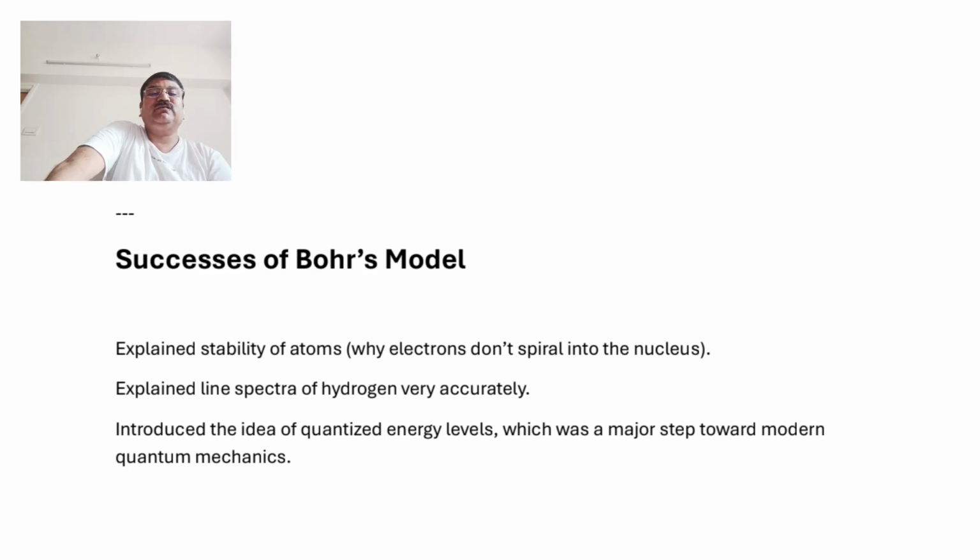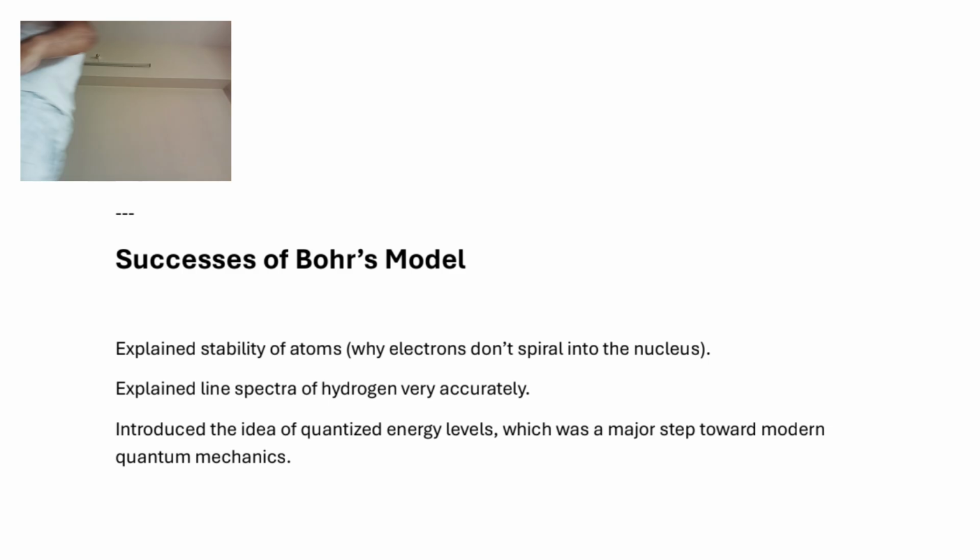Very good. Second, for the first time, the line spectra of hydrogen were explained very accurately. The line spectra of an atom is explained very accurately in this particular model.